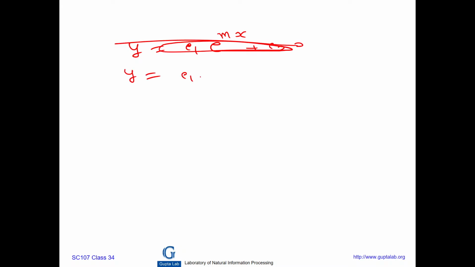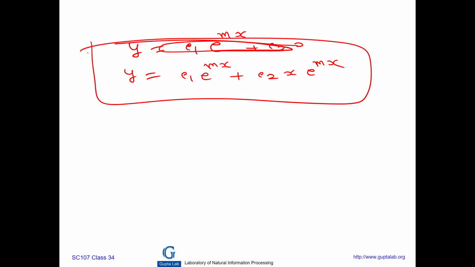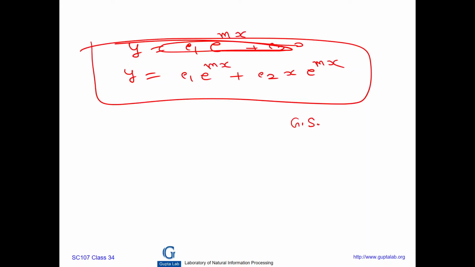So general solution is y is equal to c1 times e raised to power mx plus c2 times x times e raised to power mx. This is the general solution. What is m? M is a single root that you got, which is minus p by 2 actually, right?